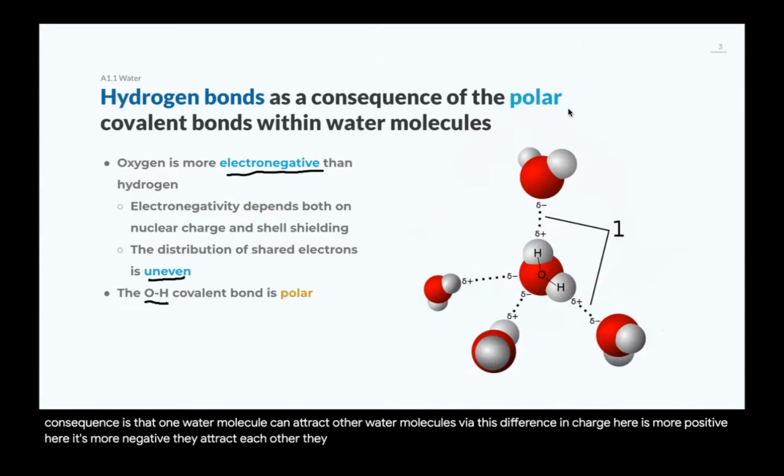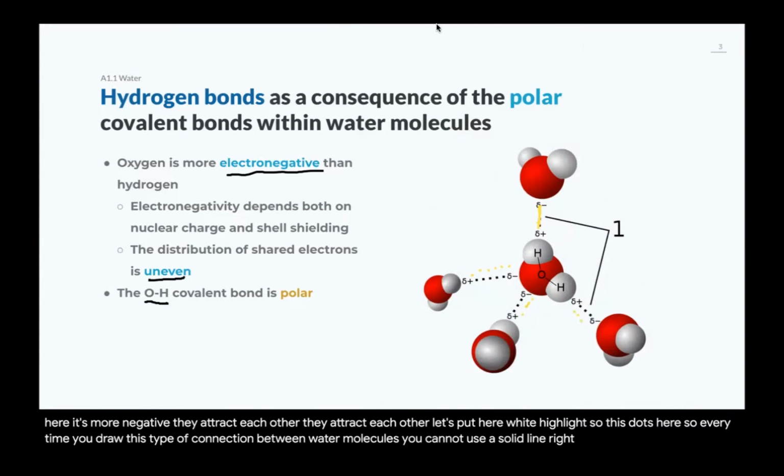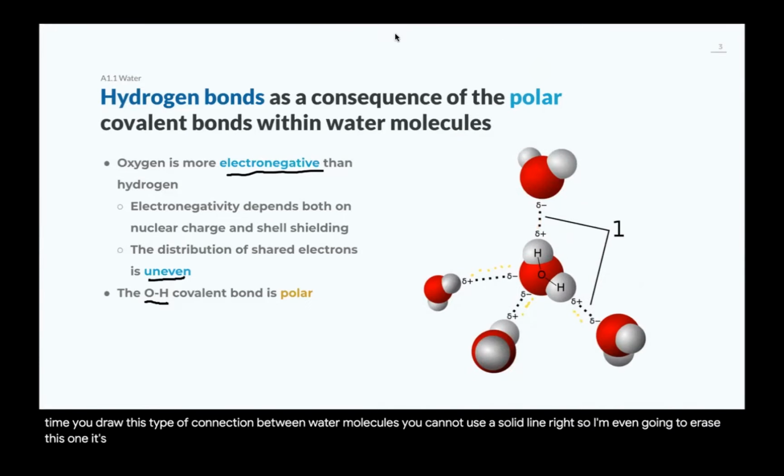Every time you draw this type of connection between water molecules, you cannot use a solid line, right? It's not a solid line. It's a dotted line, always a dotted line. And this is called, well, not this.